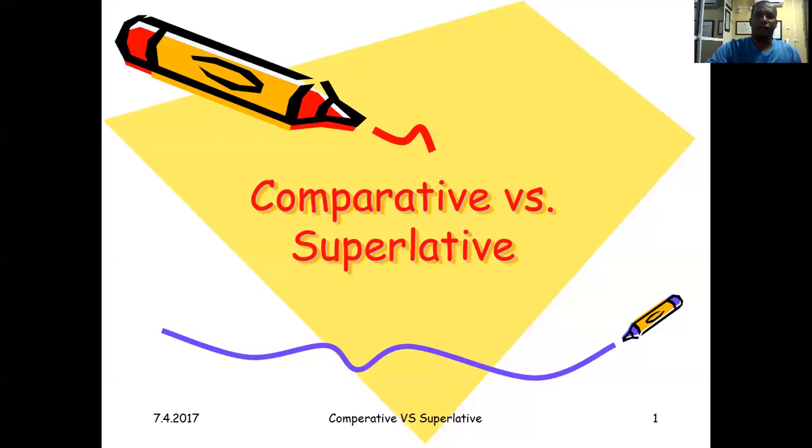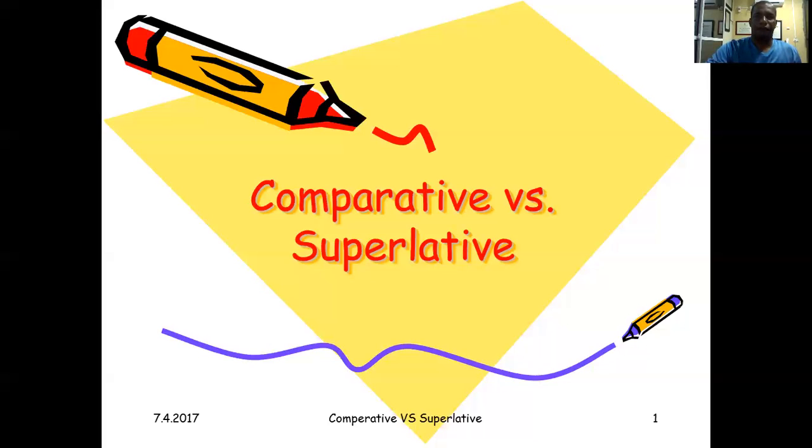For the comparative, with adjectives that end in Y, for example happy, you must change the Y to I and add -er. For example, happy, happier. Busy, busier.